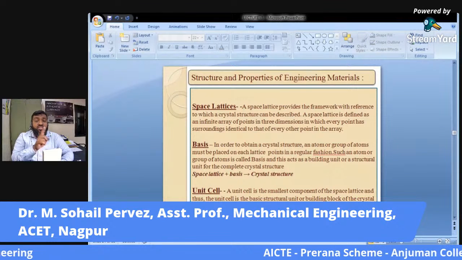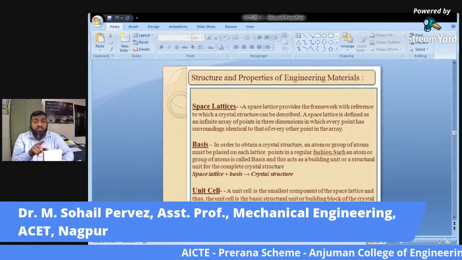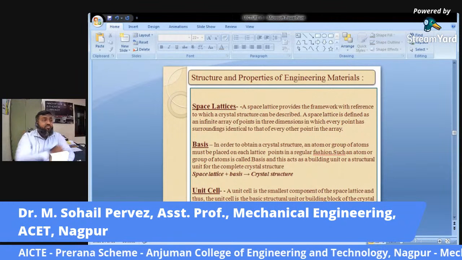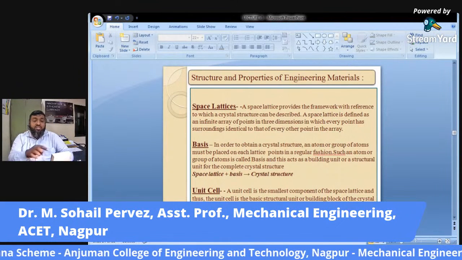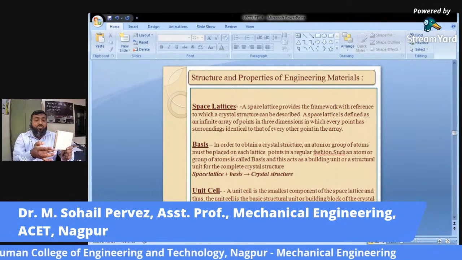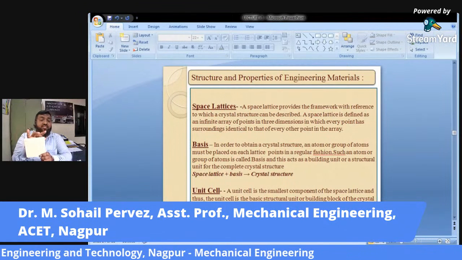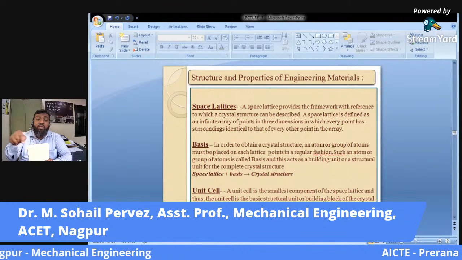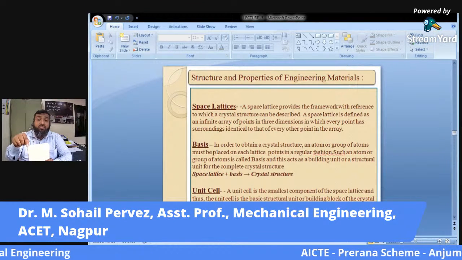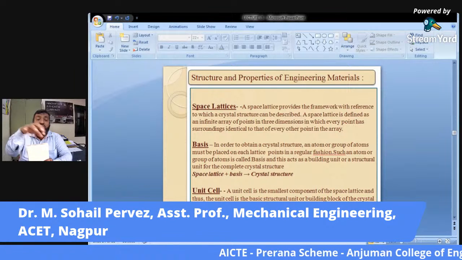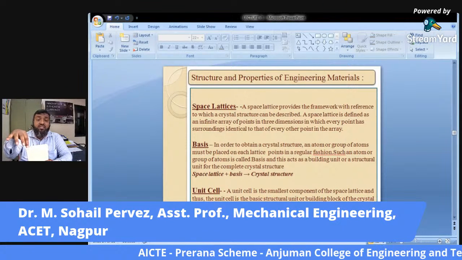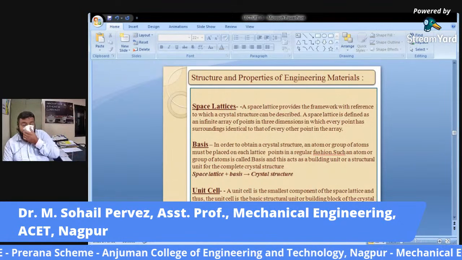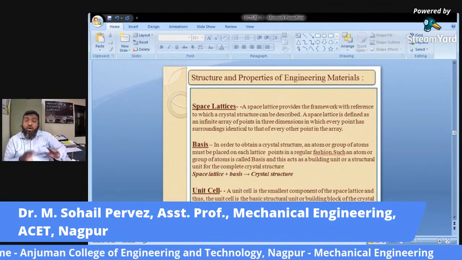Then this acts as a building unit or a structural unit for the complete crystal structure. So when this space lattice is placed with some atom or group of atoms on these lattice points, it forms the crystal structure. That's it.